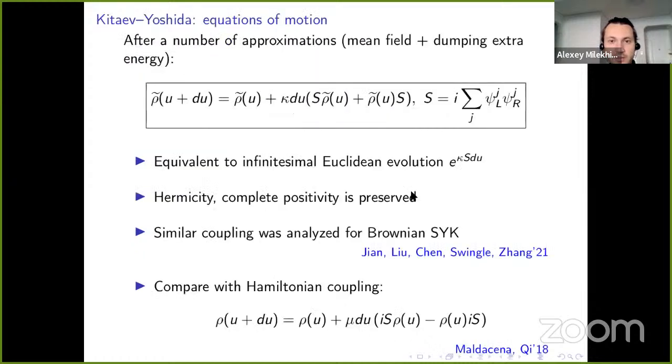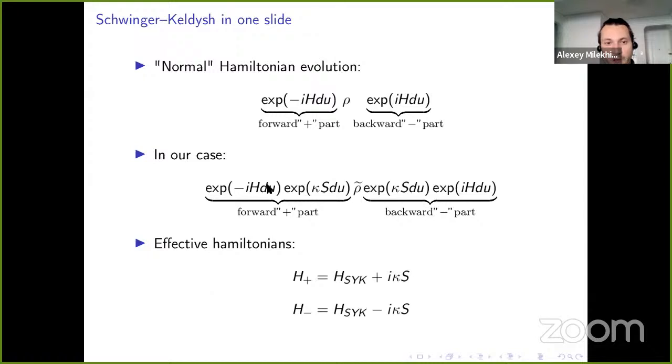So I cannot just do analytic continuation from mu to i mu, because the evolution on the plus contour and minus contour is actually different. In fact, I will have two Hermitian conjugate operators on the plus contour and minus contour. So you have to study these dynamics when you have a different effective complex Hamiltonian on plus and on minus.